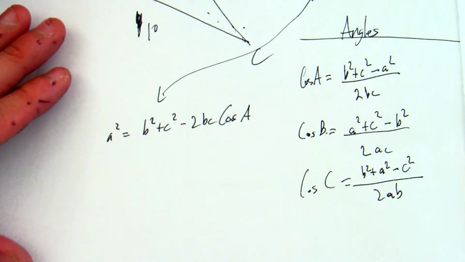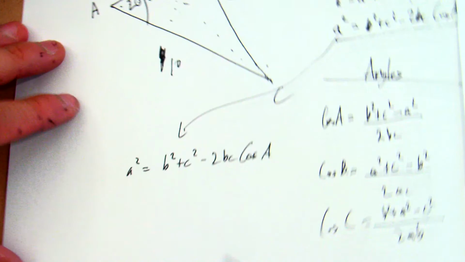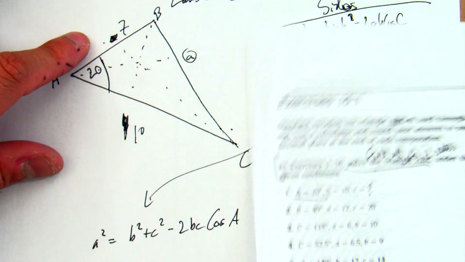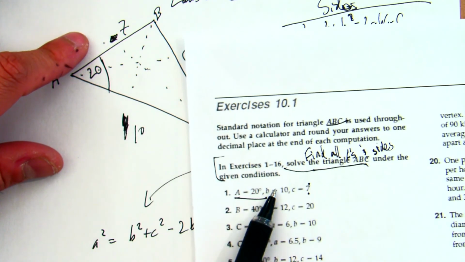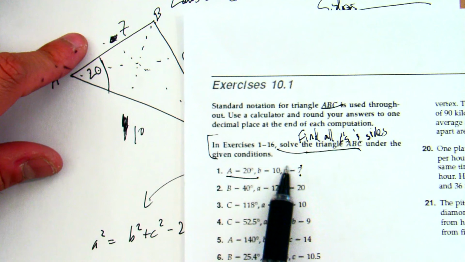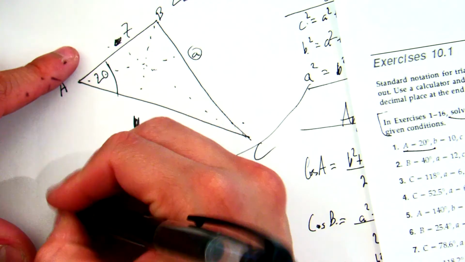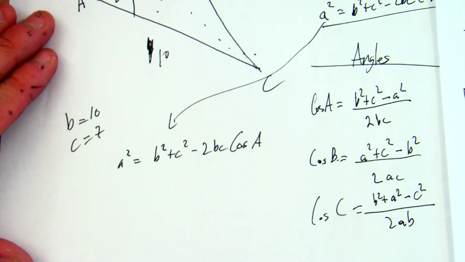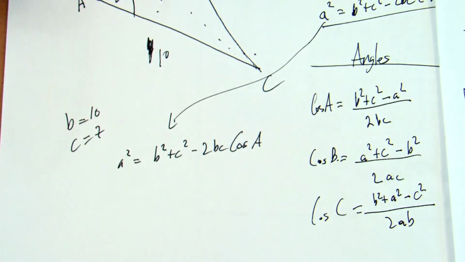Okay? And now you just plug in what you know. You're trying to find a, you know b is what? You should know what b is. b is given. b is 10 and c is 7, right? Then from here, you go forth and find the rest, right?